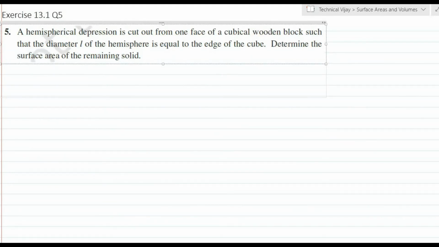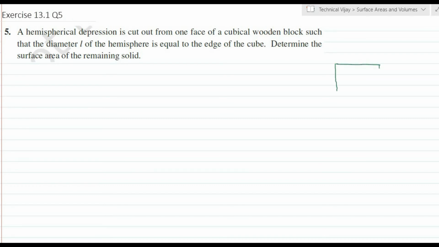So exercise 13.1, question number 5: a hemispherical depression is cut out from one face of a cubical wooden block, such that the diameter L of the hemisphere is equal to the edge of the cube. Here is a rough diagram of the cubical wooden block.